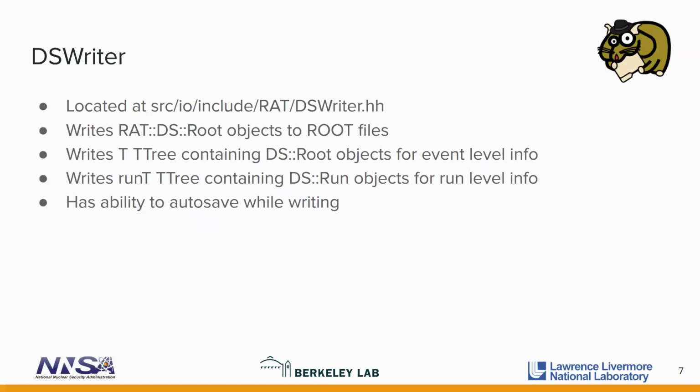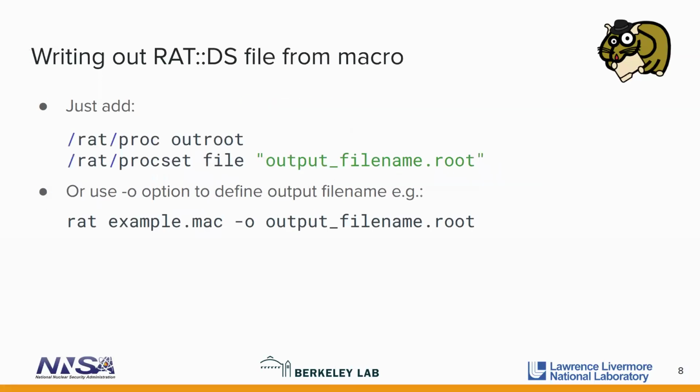It writes a TTree named T, which contains the root objects for the event level info, and under those root objects are all of the other objects contained within it. It also writes a run TTree, which contains the run objects for the run level info, and it has the ability to autosave as you go.